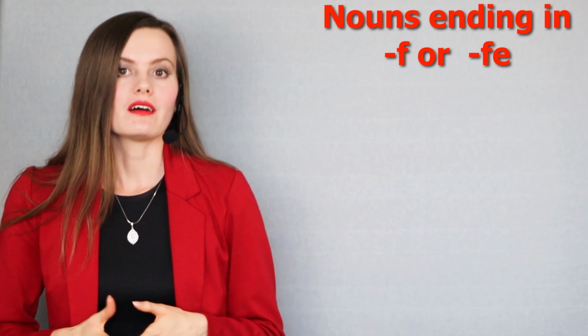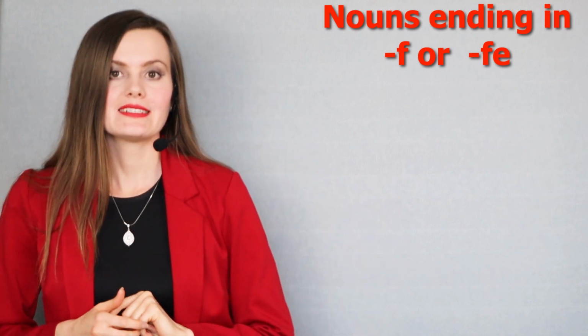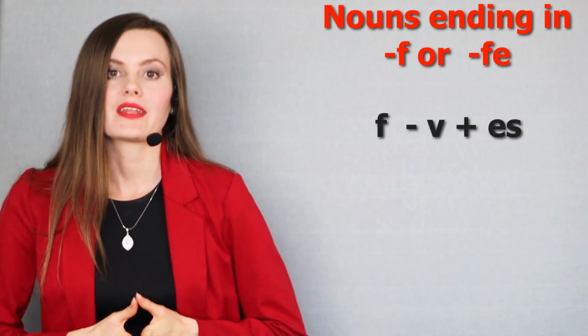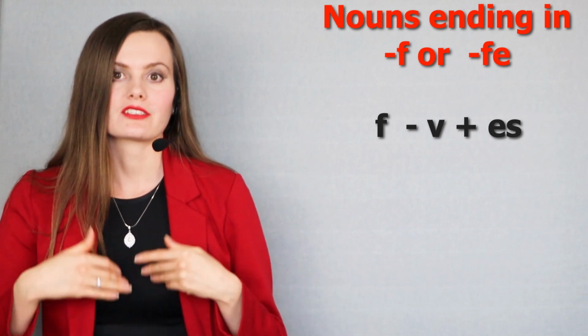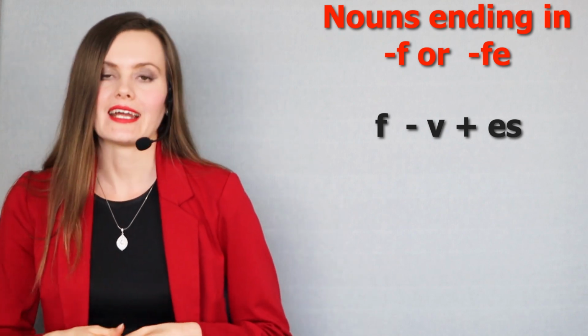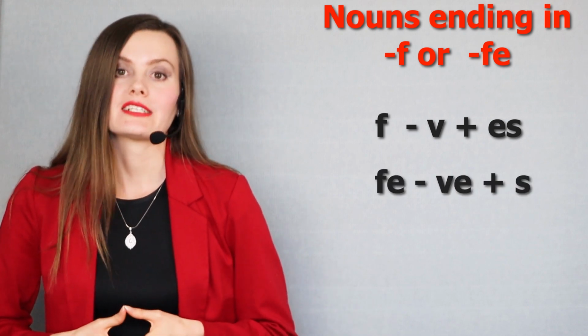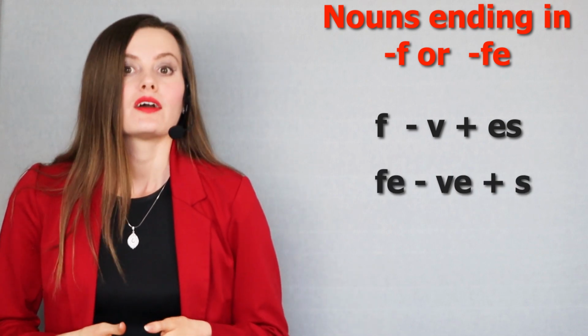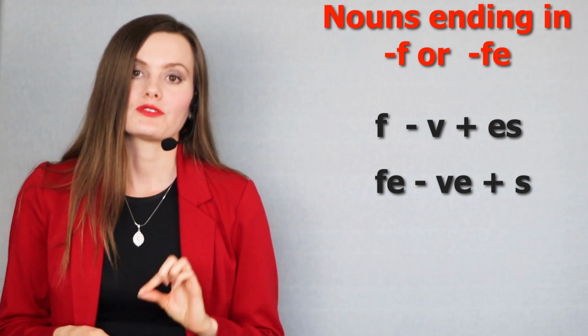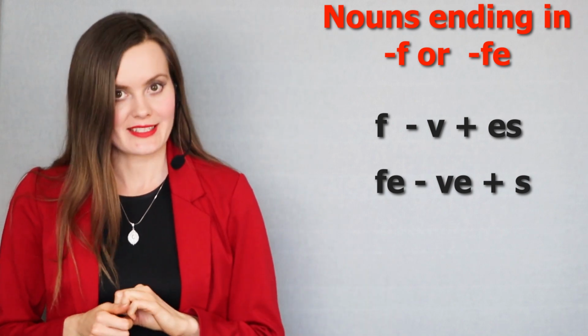To make a plural of a word ending in f, we need to change the letter f into v and add es to this. The same we do if the word ends in fe. We change f into v and add the letter s.